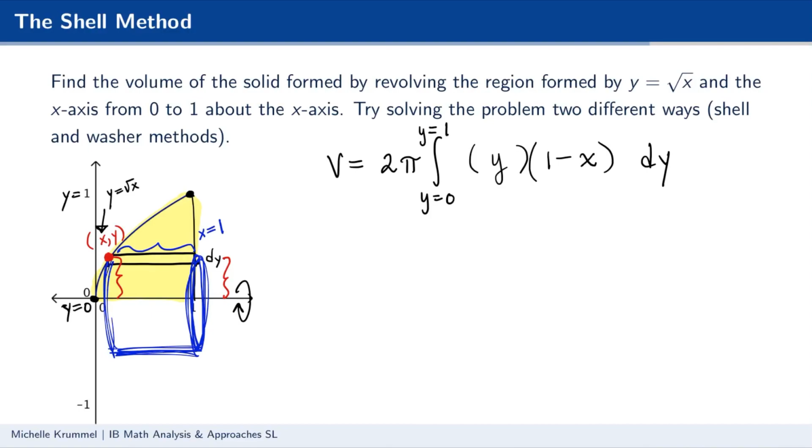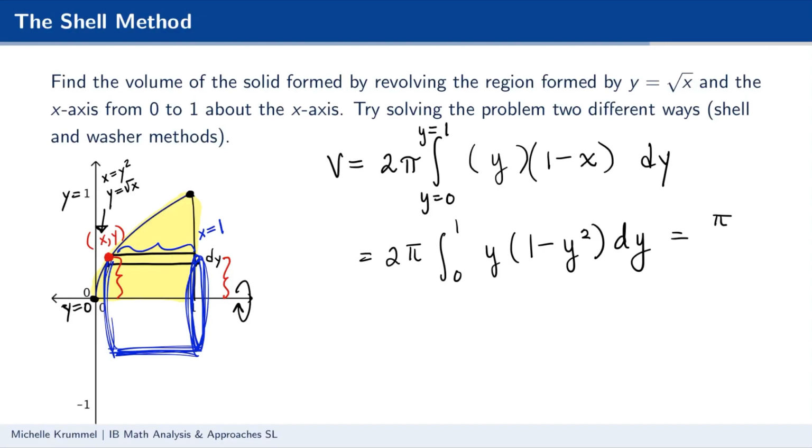So we have to solve this for x, and we get x equals y squared. So I need to write 2 pi from 0 to 1 of y times 1 minus y squared dy. We want to convert everything in terms of y. And if you go ahead and solve that, you're going to get pi over 2.